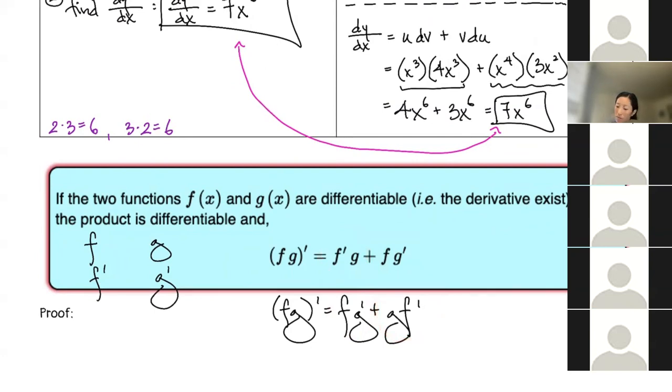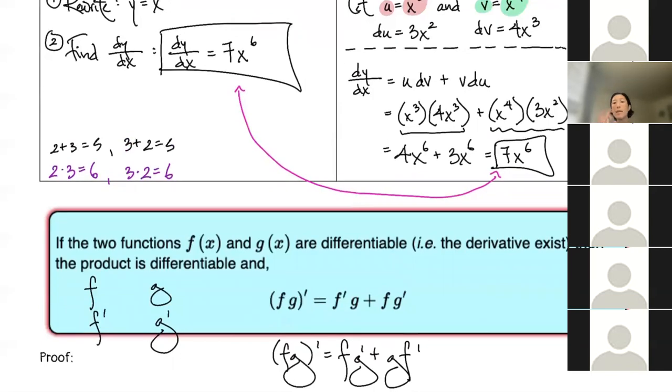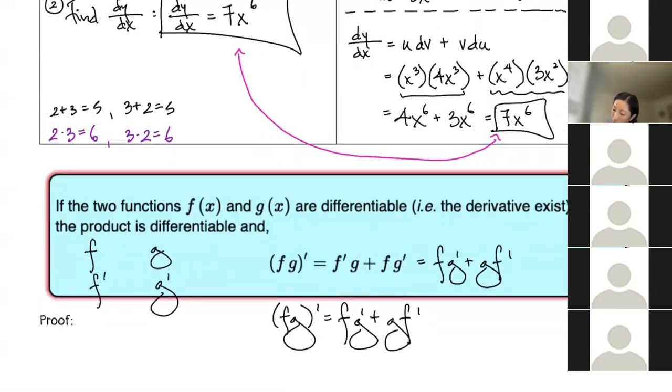But also, let's think about 2 plus 3. That gives us 5, but so does 3 plus 2. That also gives us 5. So when we add and when we multiply, the order doesn't matter. And so that's why some folks might write this in a different order. And that would be okay.